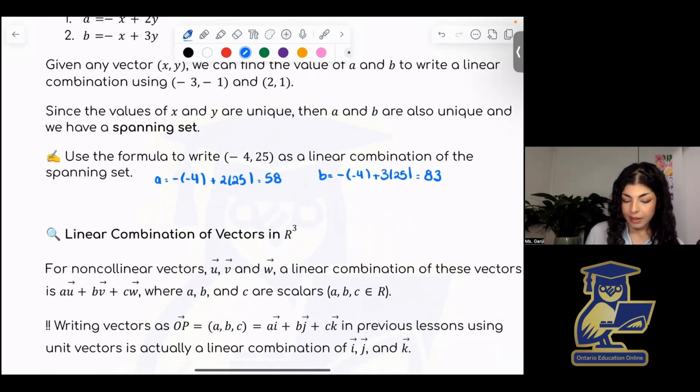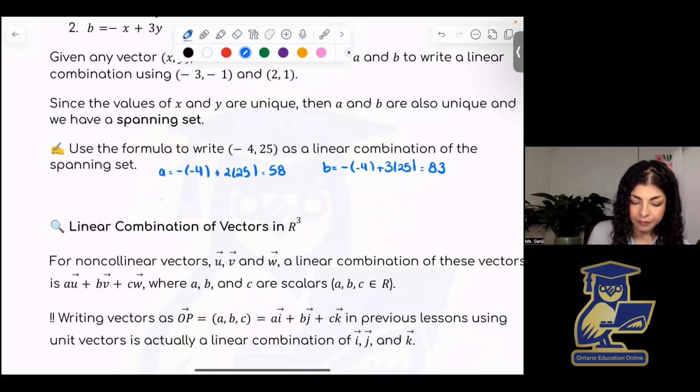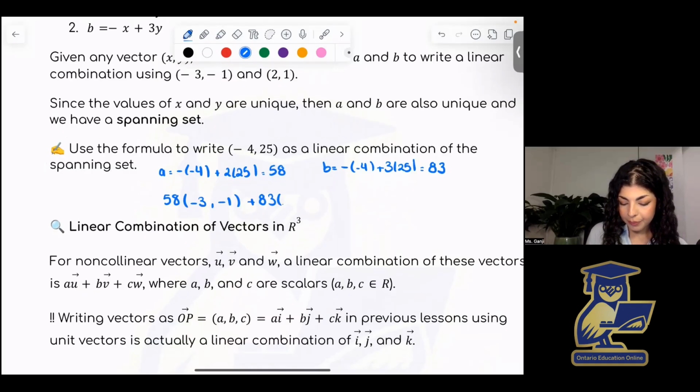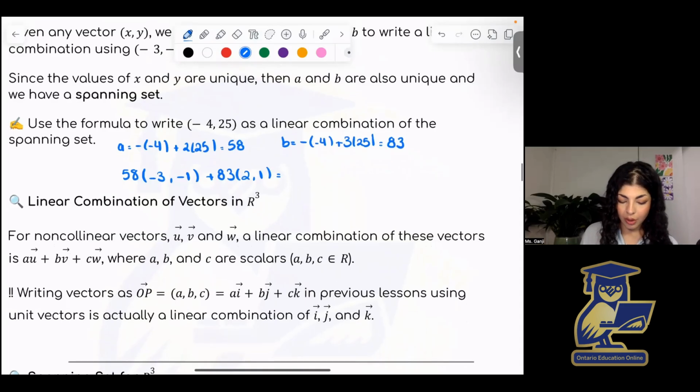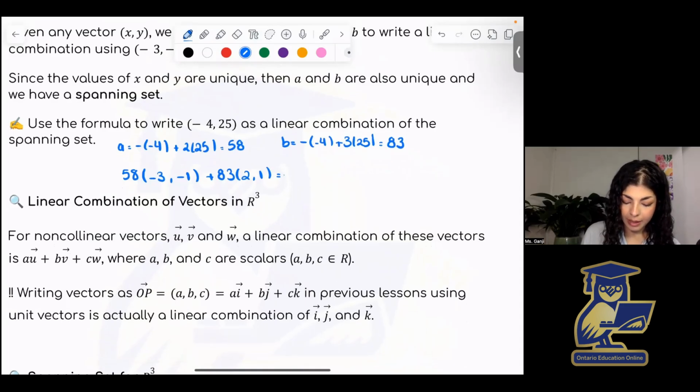Now, and you can try this on your own now, but 58 times (-3, -1) plus 83 times (2, 1) should give us (-4, 25). So we can try this. Here I would have 166 and then 83.